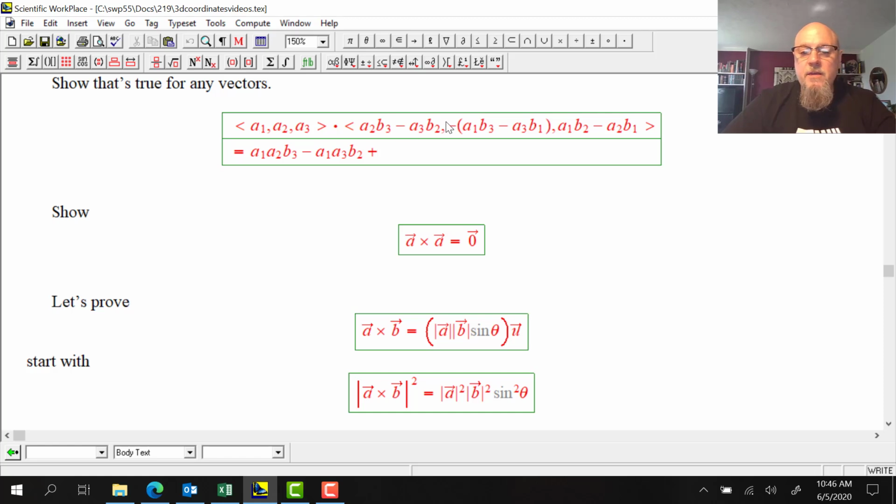Plus this piece times A2. I'll distribute it across. I'll keep them in order. And plus minus that bracket, I can just clean that up like that. Now plus this piece times A3.